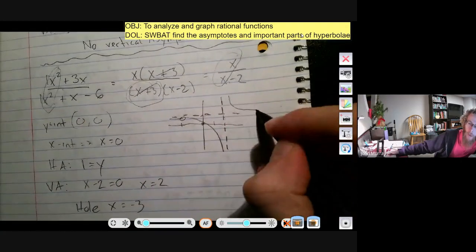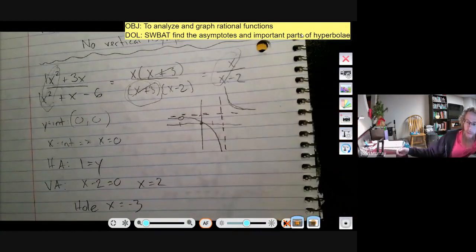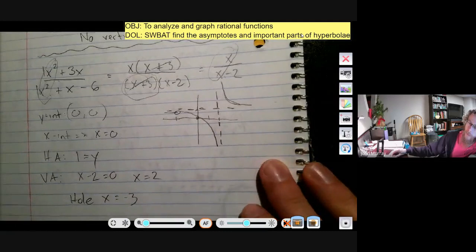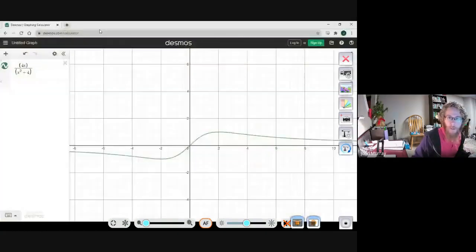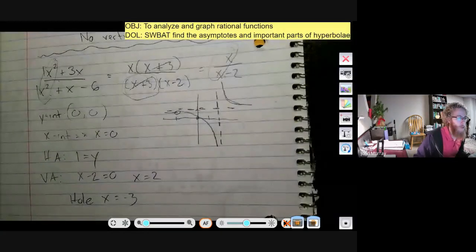And then we would have the second part of the graph up there. All right, so I think we've identified all the parts. We've sketched the graph. And with the last few minutes, let's take a look at our actual graph to make sure everything lines up.